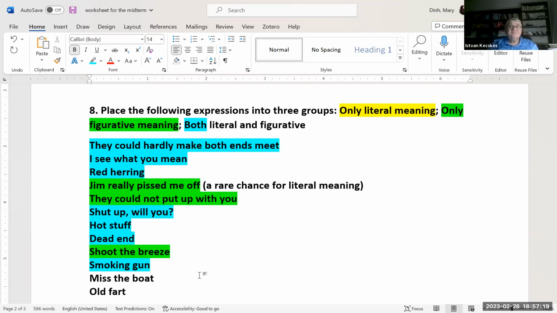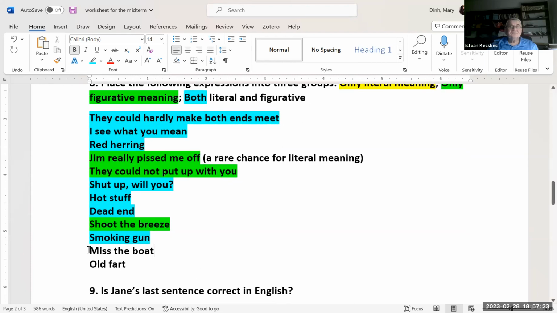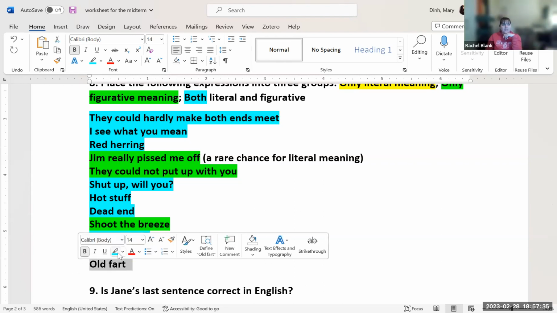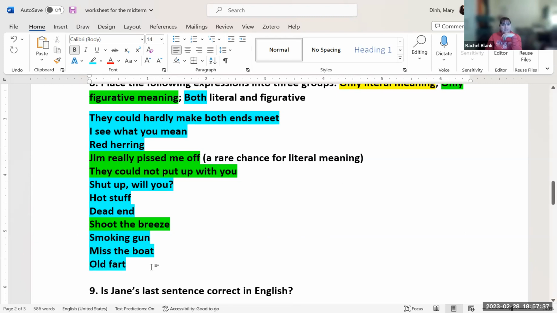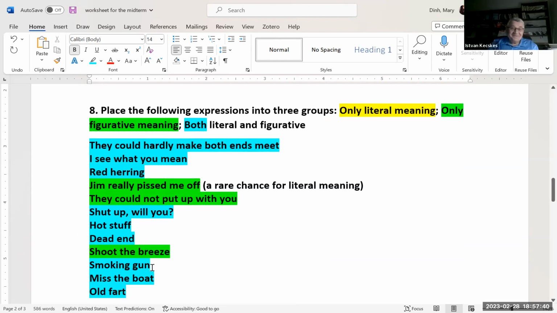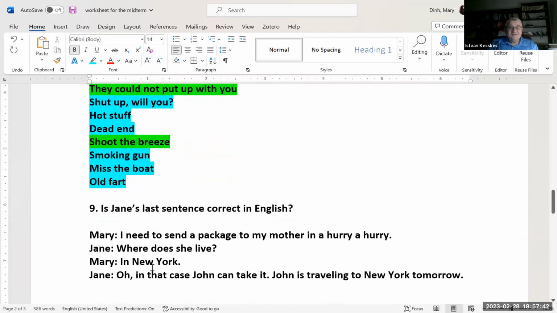Old fart. I said both for the last one. Because definitely. Figuratively, it just means someone old, but literally it could just mean something really, really smelly. Yeah, definitely. All right. Good.